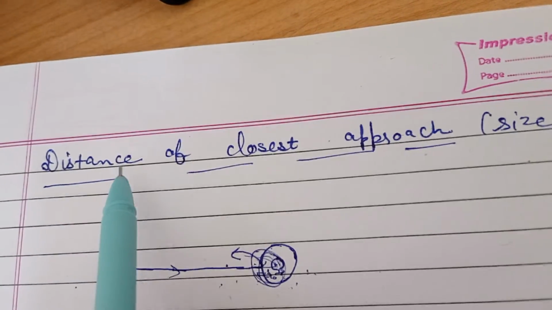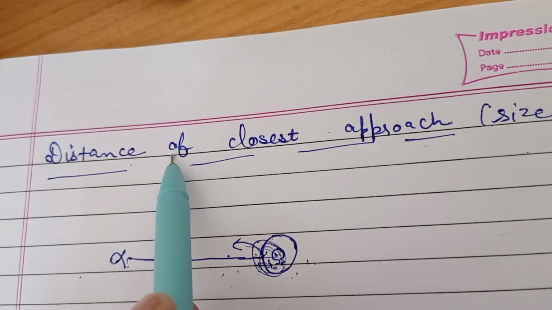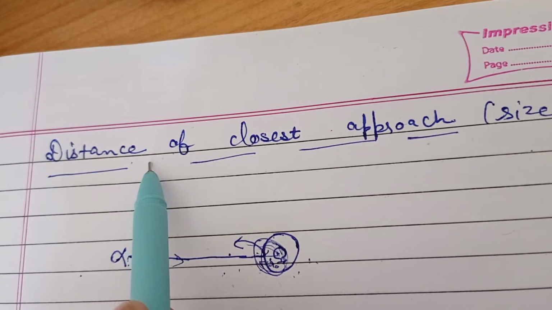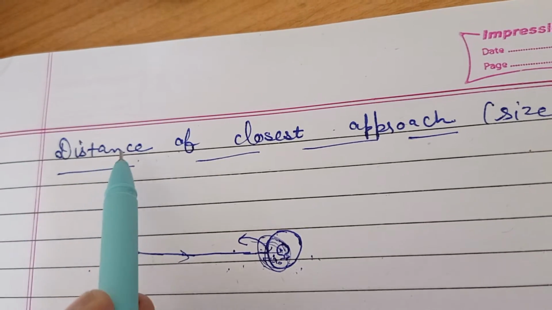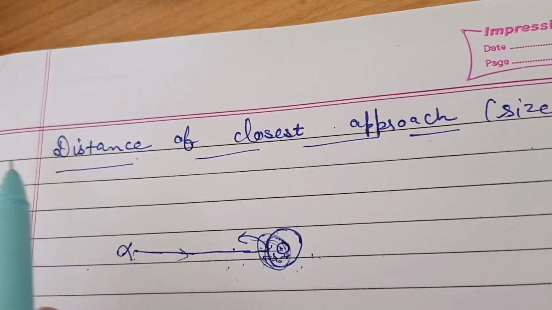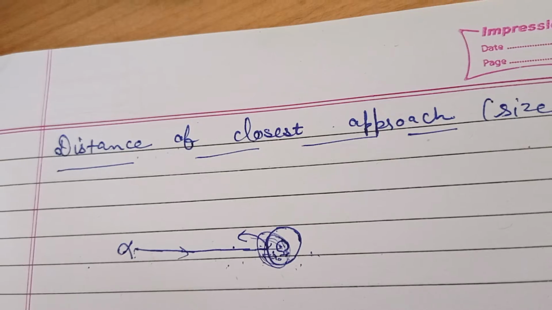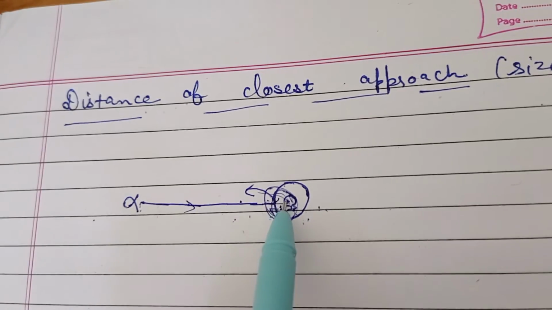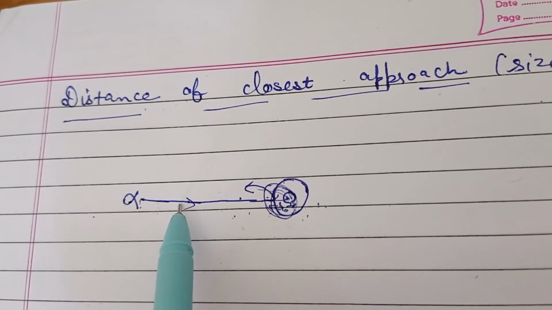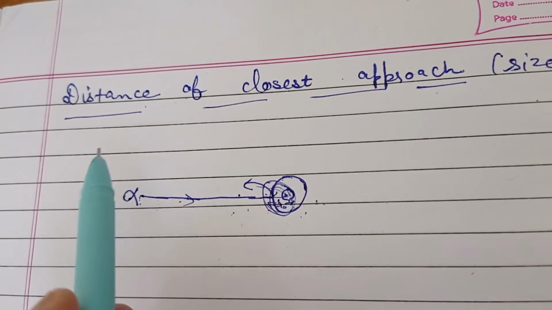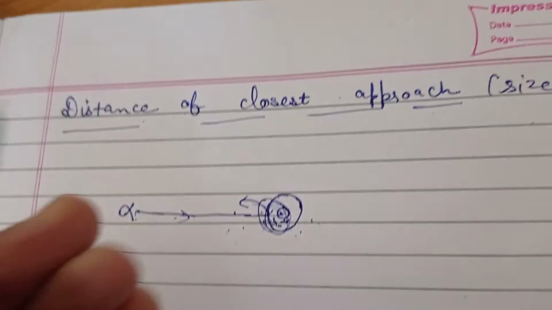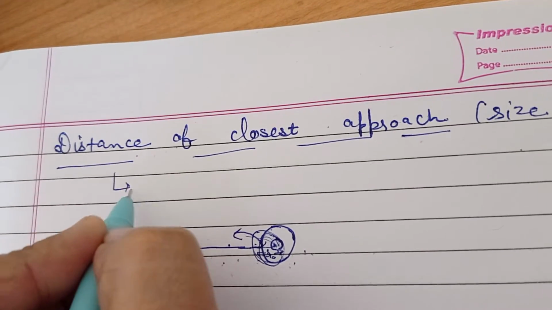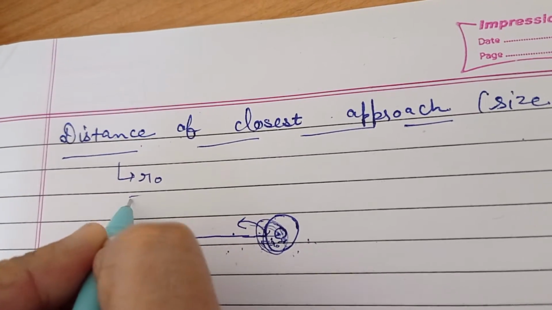It is the minimum distance from the nucleus up to which an alpha particle traveling directly toward the nucleus can move before coming to rest, because after that it will retrace its path. Clear? The distance of closest approach is denoted by R naught.